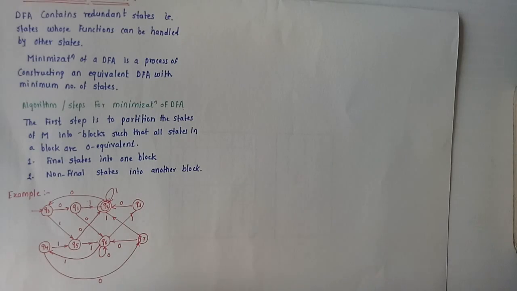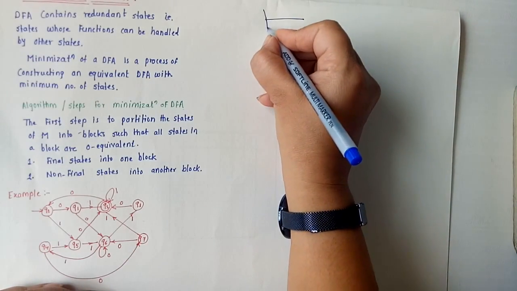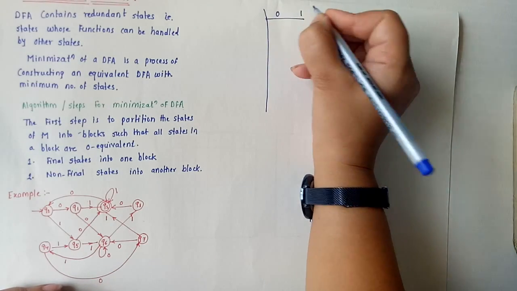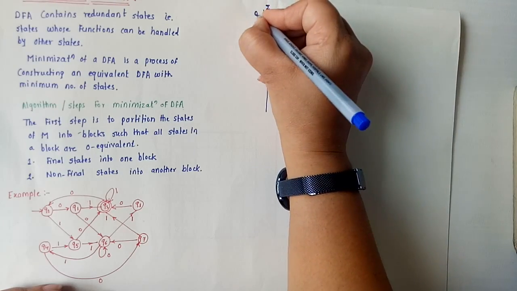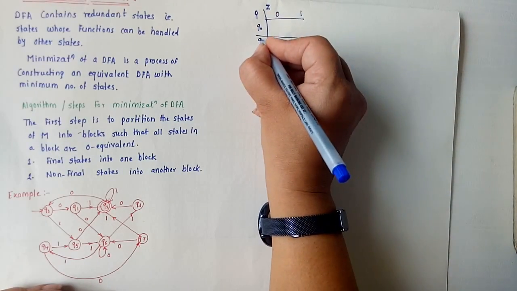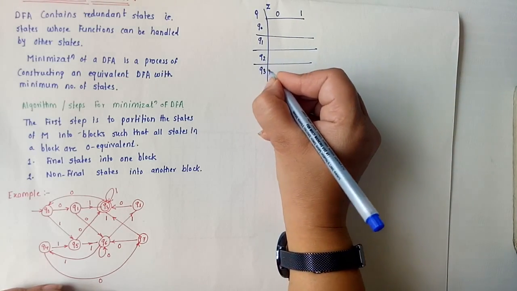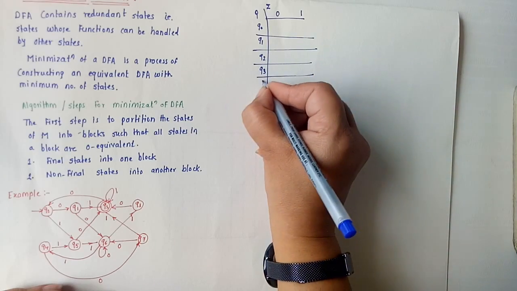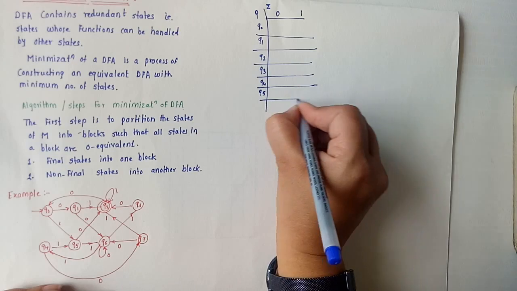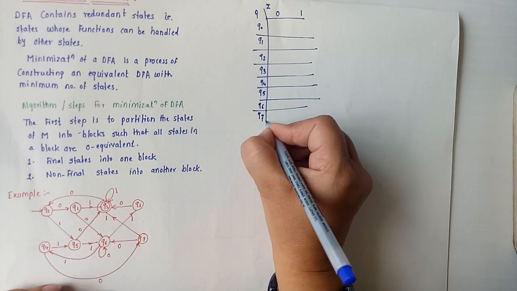In the transition table we consider the states and the input symbols 0 and 1, sigma. The states are q0, q1, q2, q3, q4, q5, q6, and q7.